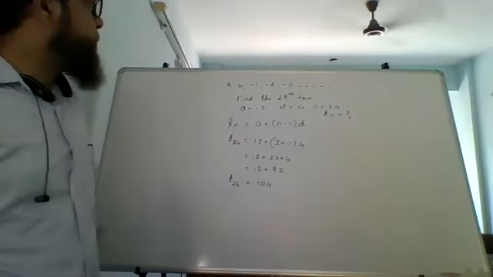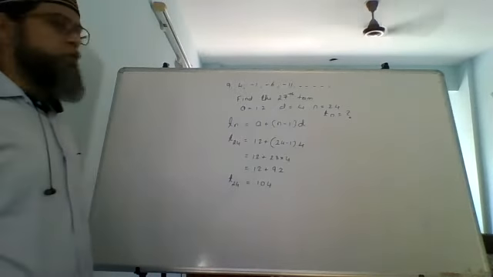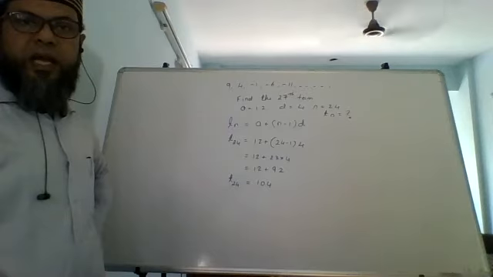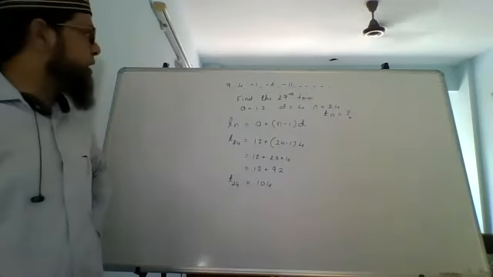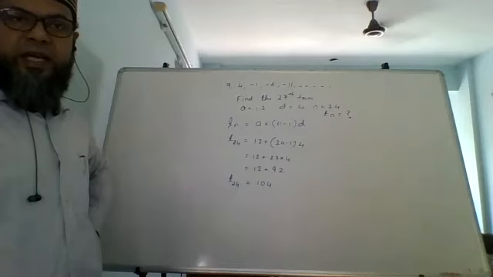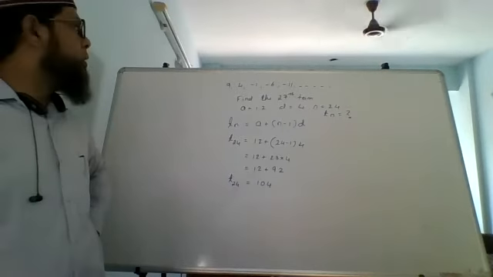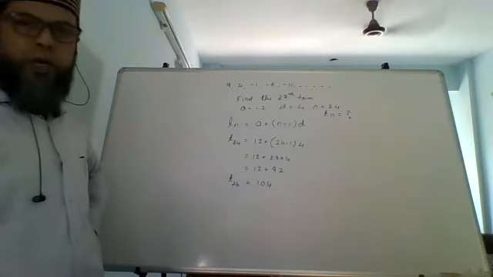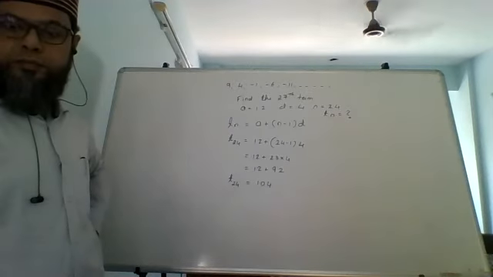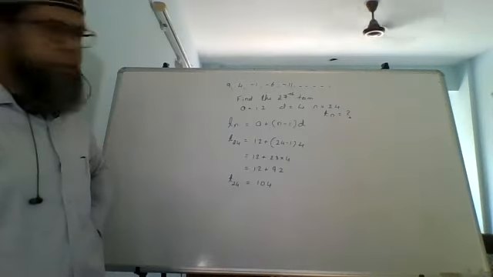That's the next one. 9, 4, minus 1, minus 6, minus 11. That is the AP.